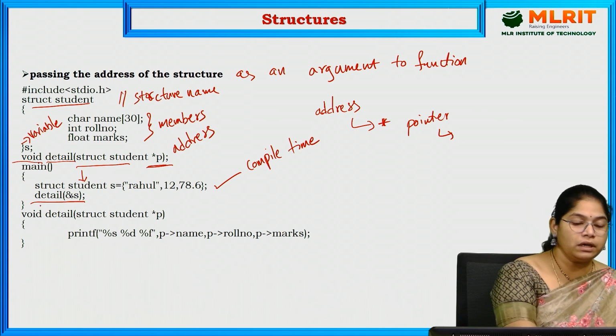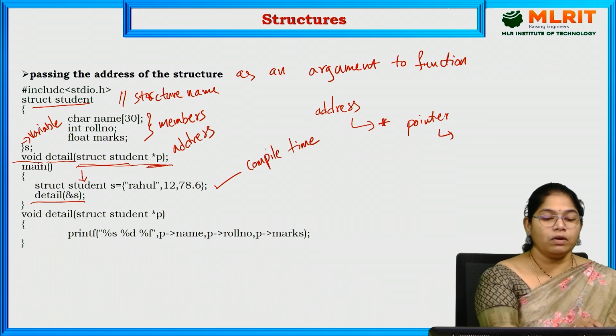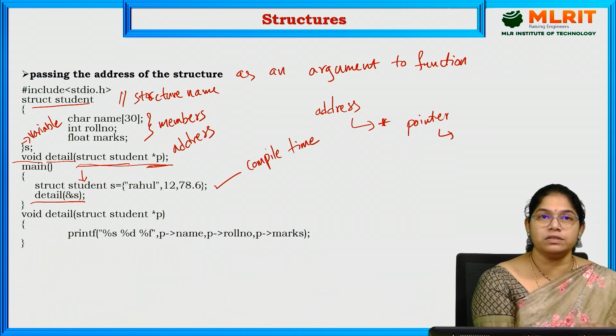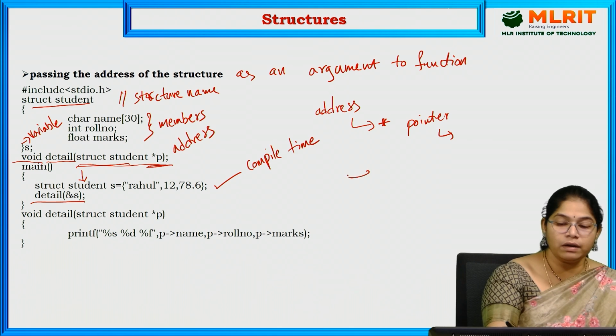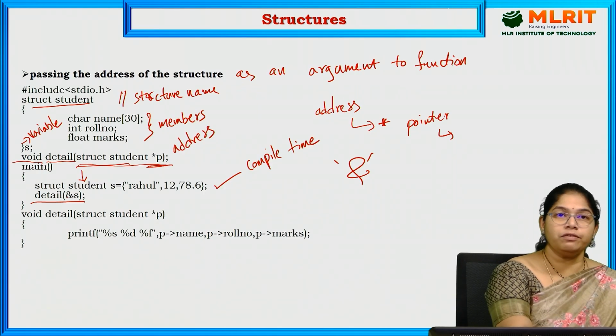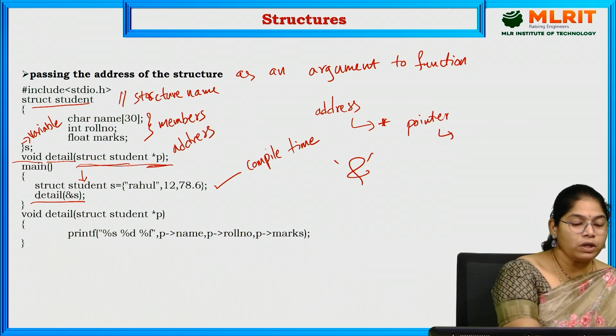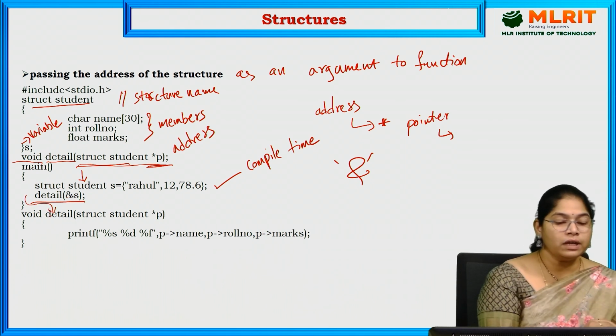The function name here is detail, but the argument I am passing is an address. Address is represented with the operator ampersand, so address of s. Then whenever we call the function, the control goes to the function definition.